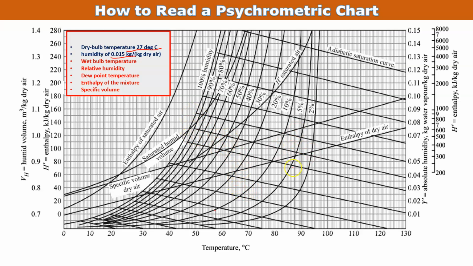Using this psychrometric chart I am going to find the wet bulb temperature, relative humidity, dew point temperature, specific volume, and enthalpy of the mixture. So I am going one by one.